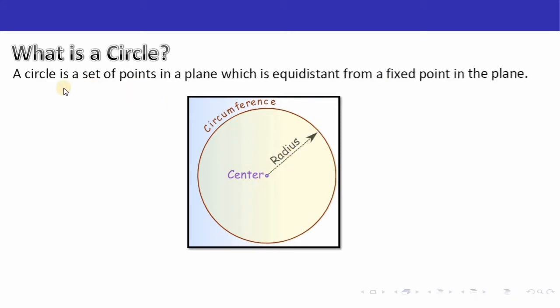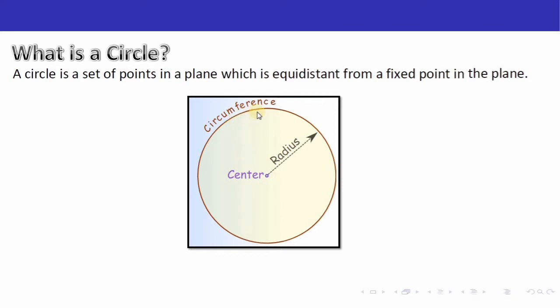So a circle is a set of points in a plane which is equidistant from a fixed point in a plane. There's a fixed point, as I said, and that point is the center. If you see, every point on the circumference will be at an equal distance from the center, and that distance is called radius, right?